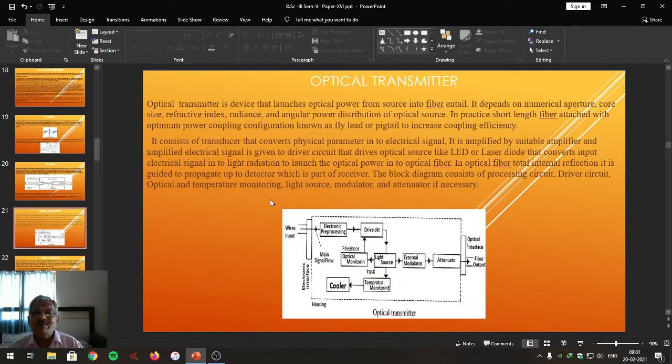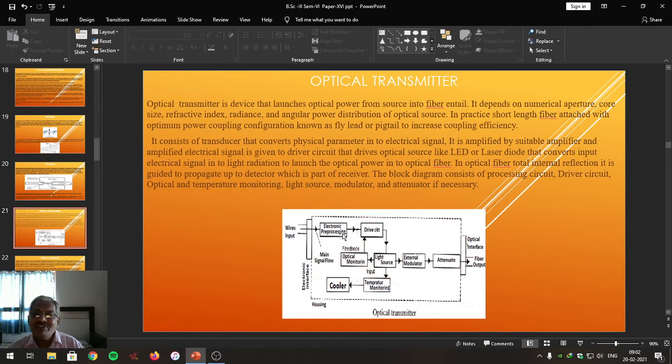Dear students, the signal to be communicated, in the form of an electrical signal, is given through a wire as a propagating medium to the electronic processing circuit, which is part of the optical transmitter.